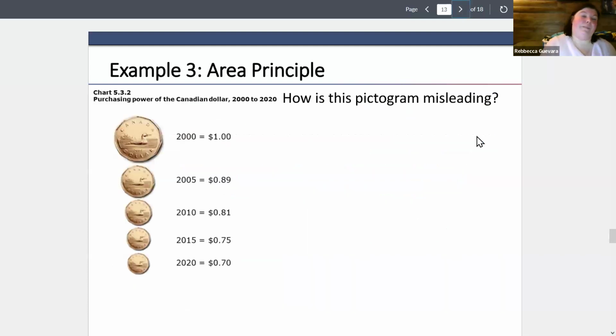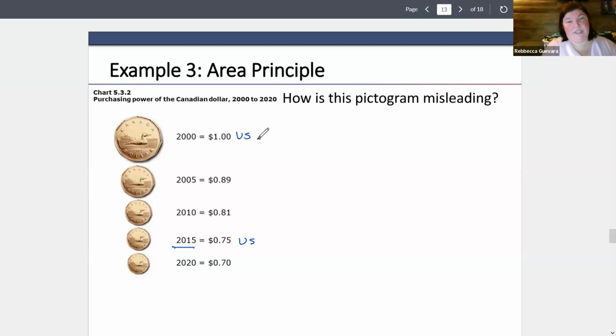This is another one, showing the purchasing power of the Canadian dollar. In 2000, a Canadian dollar was worth $1 US. Then we'll go to 2015 to make it a little easier, and a Canadian dollar is only worth 75 cents in the US.